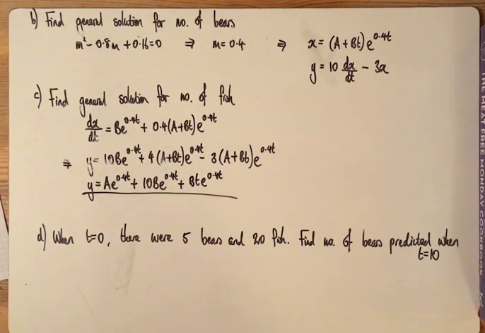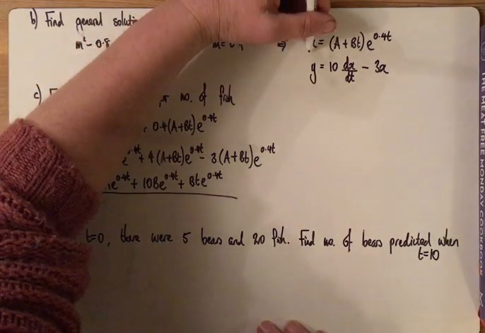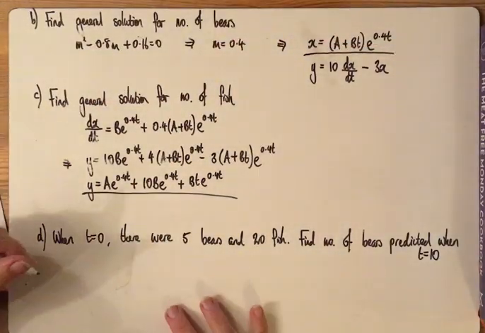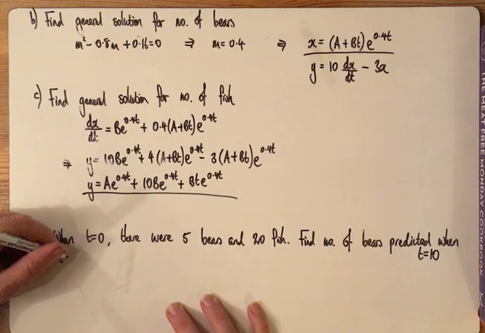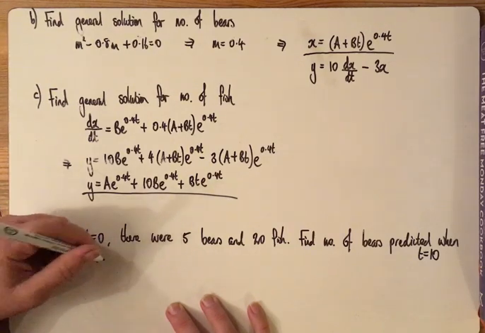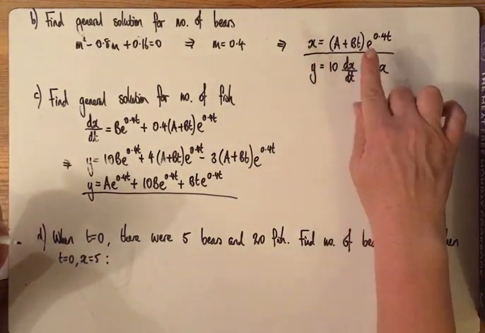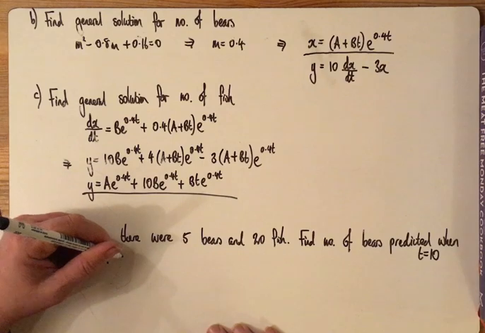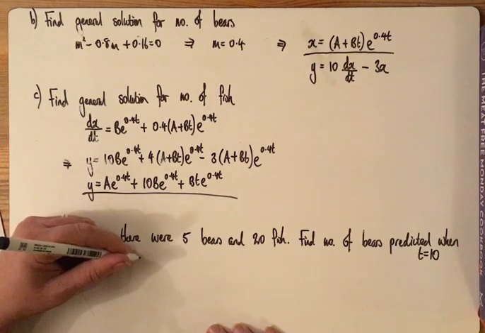When t is 0, there were 5 bears and 20 fish. So we're looking at here and here, and we really need to find these constants a and b. When t equals 0, there were 5 bears, so x equals 5. Substituting in there, t equals 0 gives you 5 equals a.